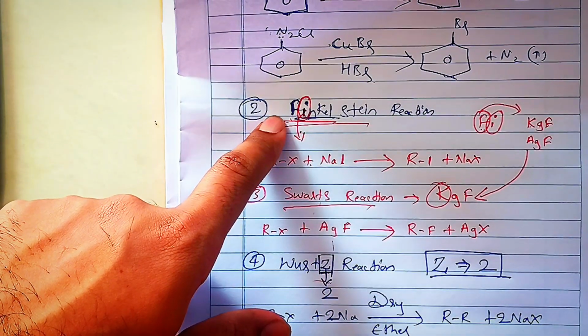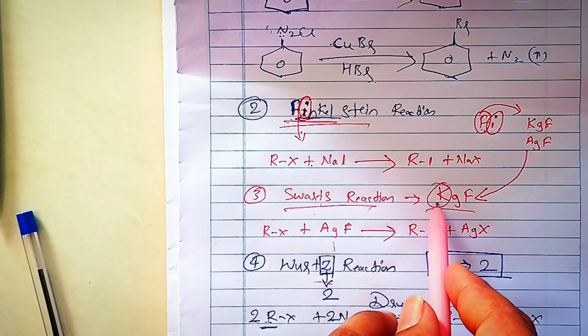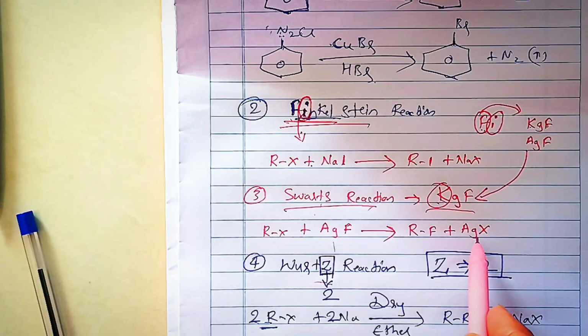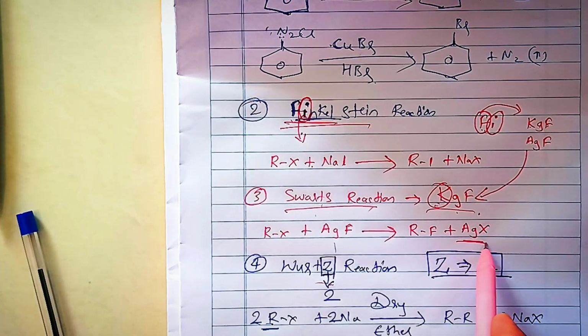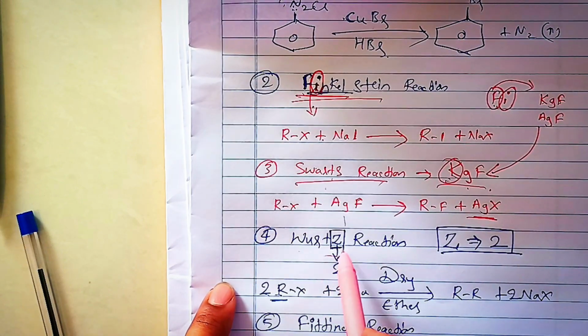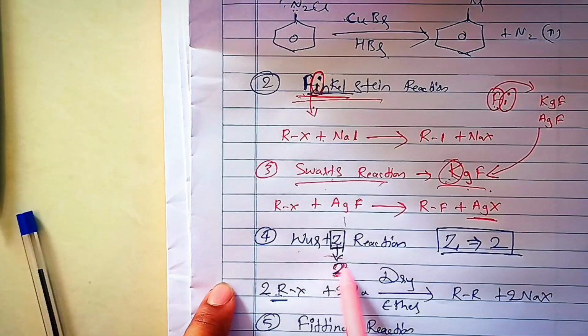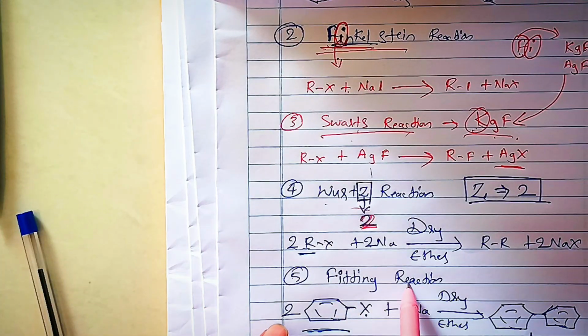If we get the F, we can easily identify KGF, meaning this K can be replaced by A, then we will get AgF, which will be AgX. Then next will be the Wurtz reaction. This Z indicates to me that there is a 2. Then we will go for the Fittig reaction.